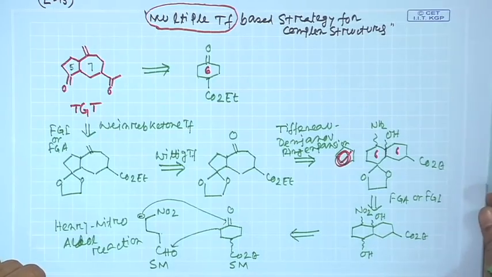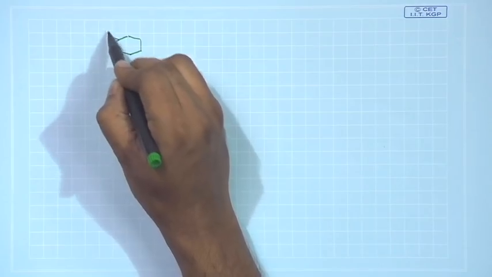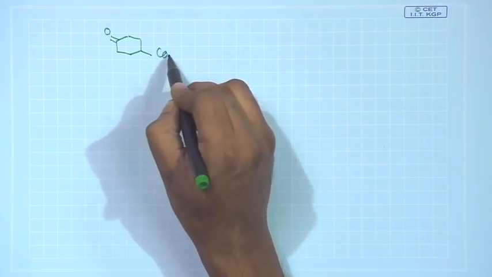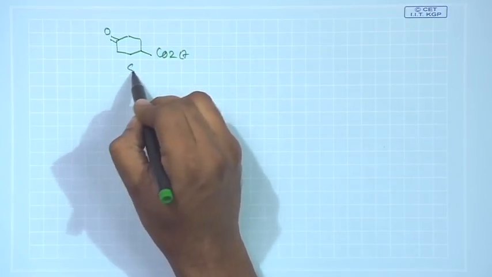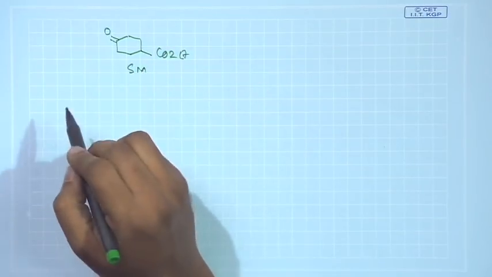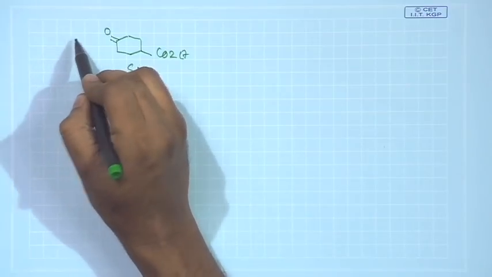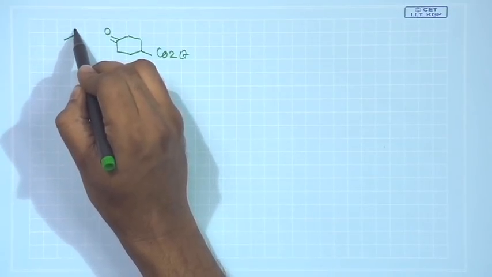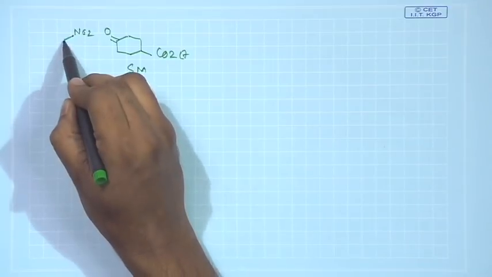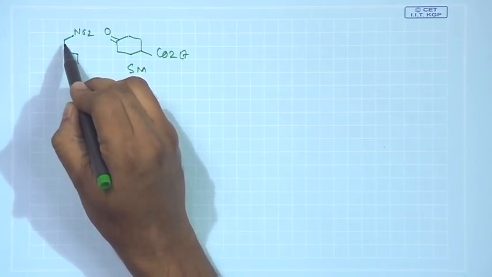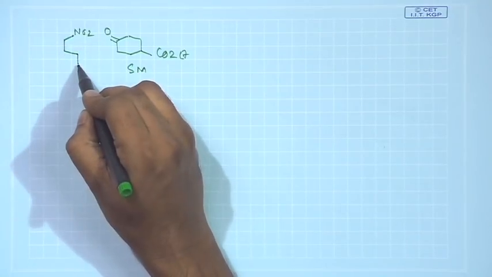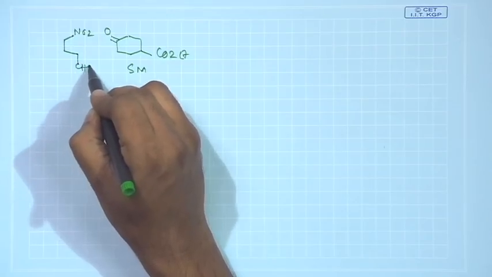So, we will now follow the same analogy for the synthesis. You take the starting material, and then you react it with this, CH2, CH2, CH2, CHO.